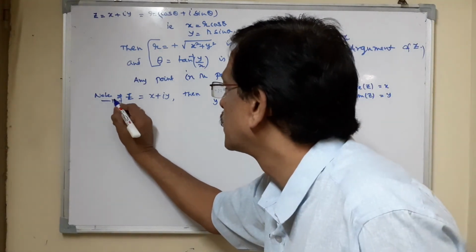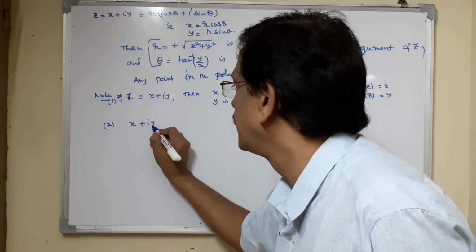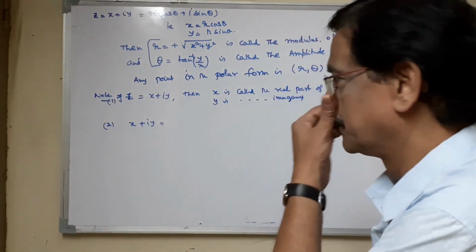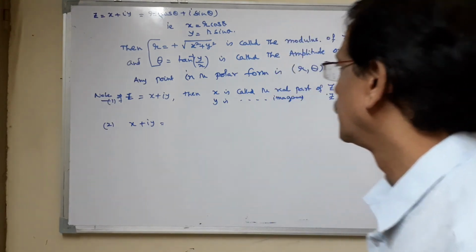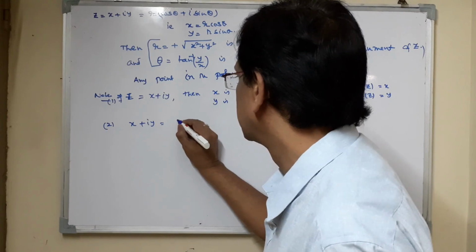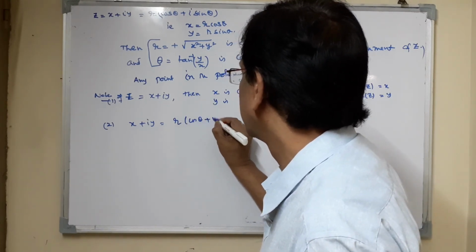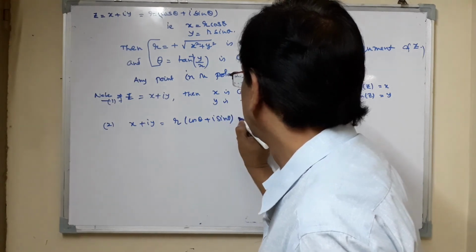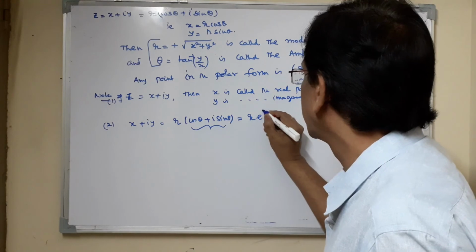And one more note I would like to give here is x plus iy is r cos theta plus i sin theta, and this can be written as r into e power i theta.